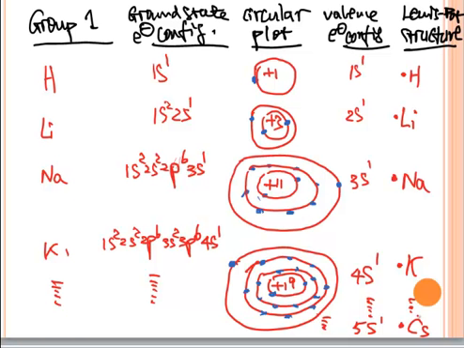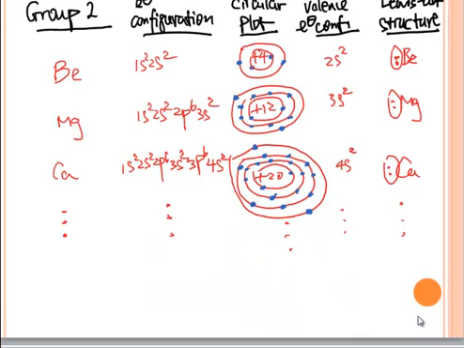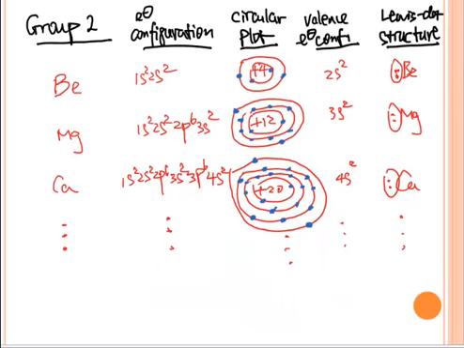Let's see some of the other groups, whether we have a similar trend or not. To save time, I constructed the ground state electron configuration, circular plot, valence shell electron configuration, and Lewis dot structure for the other groups prior to the start of this podcast. Here we are looking at group 2: beryllium, magnesium, calcium. Write down all the ground state electron configurations, and there should be a routine now for you.